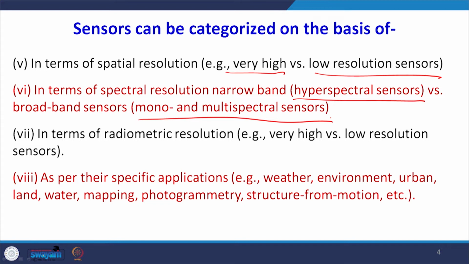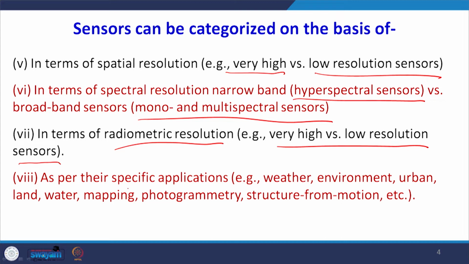When we have a very large number of spectral bands, the selection of a particular wavelength or band is also very important to us. Then categorization could be made in terms of radiometric resolution, very high to very low. Whether we have 6-bit data or 12-bit data, 12-bit data is always better than the 6-bit data. On the basis of that also the categorization of the sensor has been done.